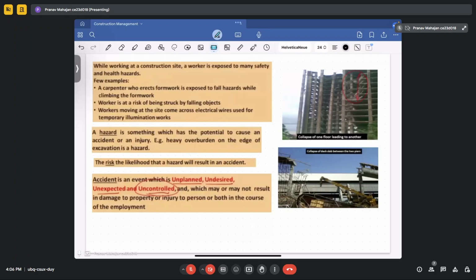While working at a construction site, a worker is exposed to many safety factors and hazards. For example, a carpenter who erects some framework is exposed to fall hazards while climbing the formwork. The formwork might break at some place and he might fall from a huge height.